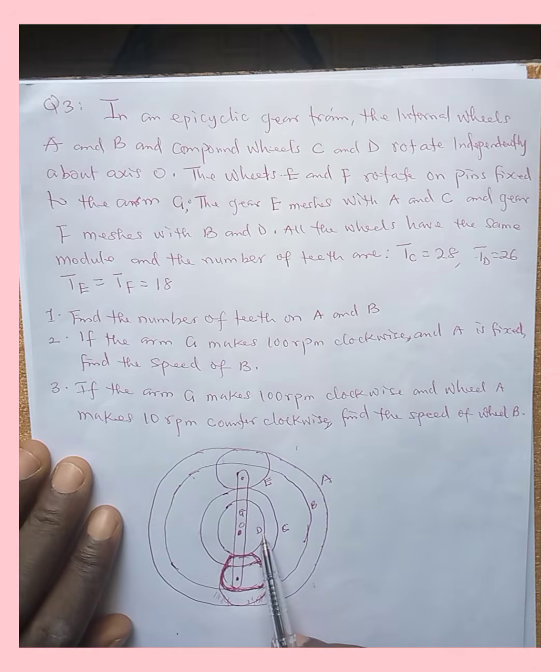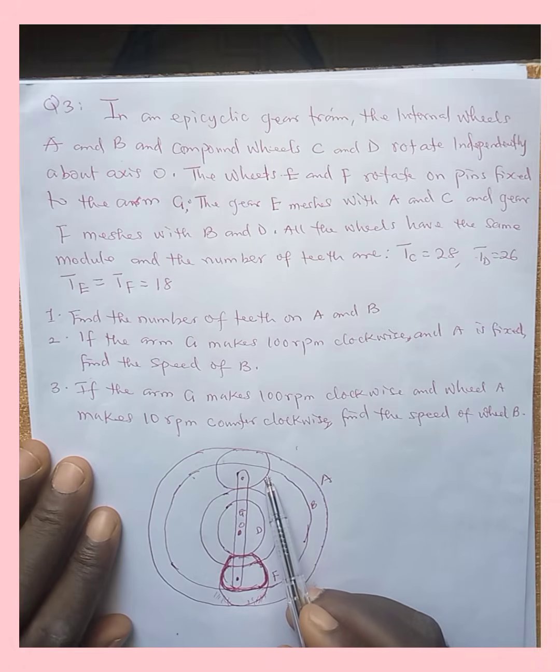Then this is the compound gear DC that is fixed to this arm G about this point O. Then this gear E meshes with A, and gear F meshes with gear B.